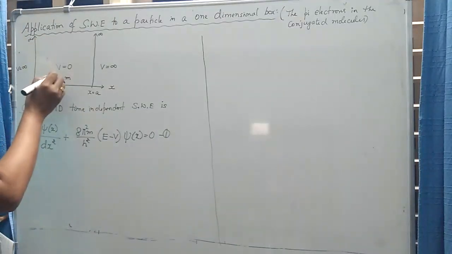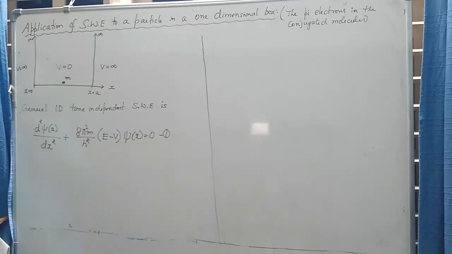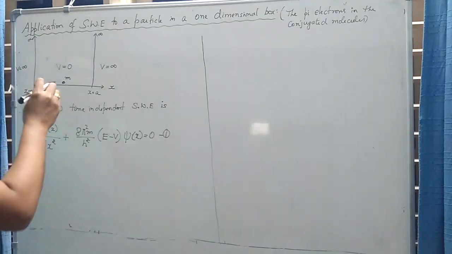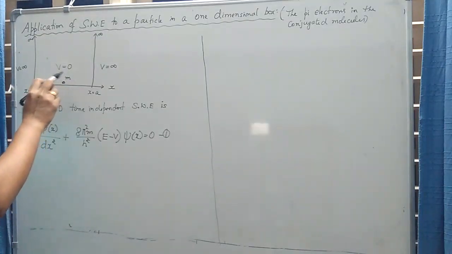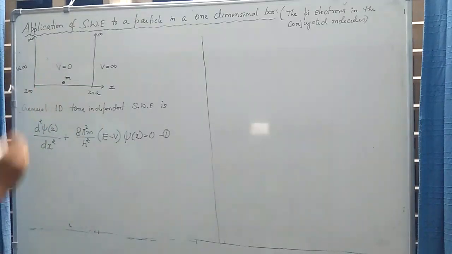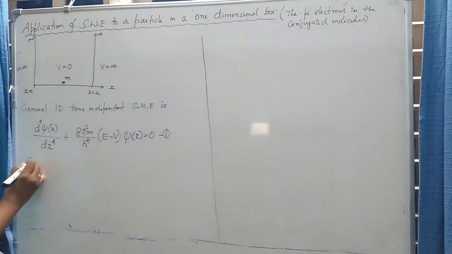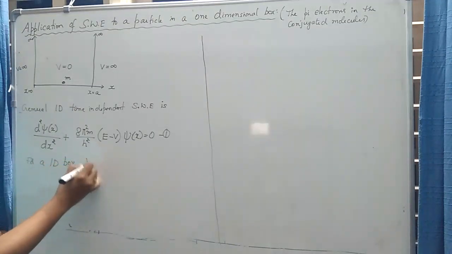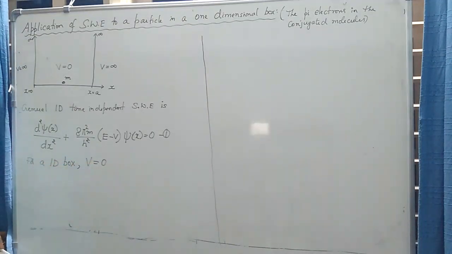What is the important characteristic of a particle in a one-dimensional box? The important characteristic of the particle is that potential energy V is equal to 0. I repeat, for a particle trapped in a one-dimensional box, potential energy V is equal to 0.